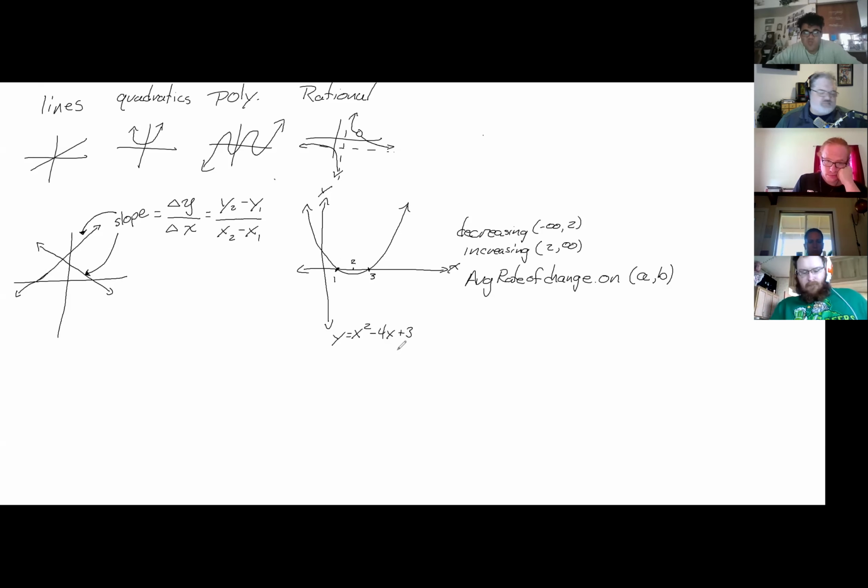It's always a trick. So let's say we had this parabola and somebody wanted to know what is the average rate of change on the interval, let's say we go from 2 to 5.